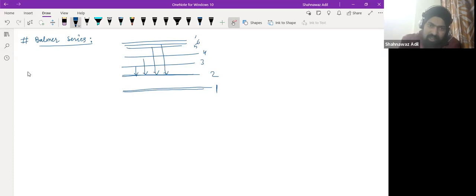For the Balmer series, the wavelength is what? This is represented by RH and 1 by lambda, which we know already. N1 is how much?